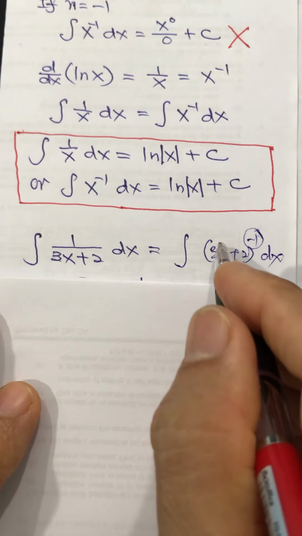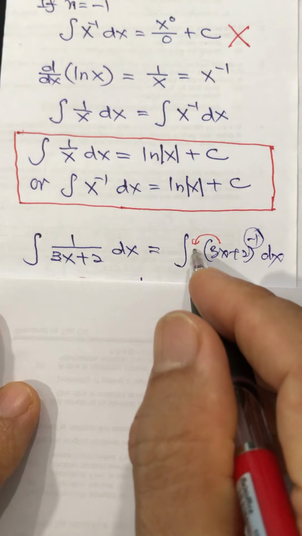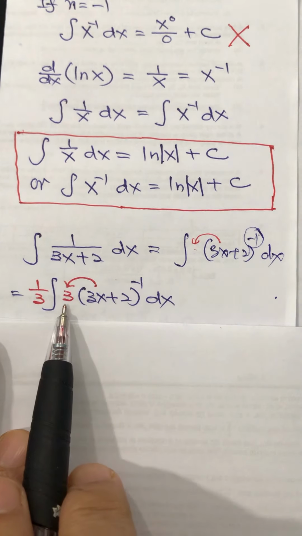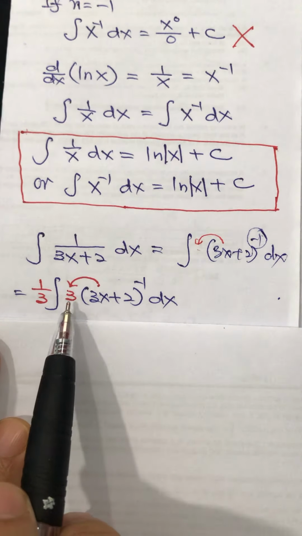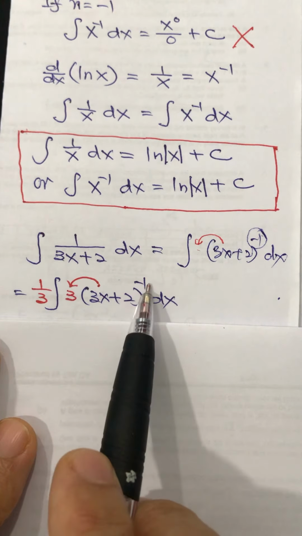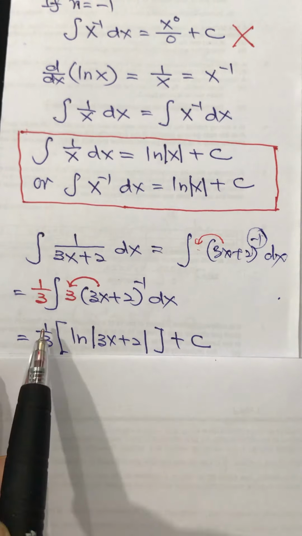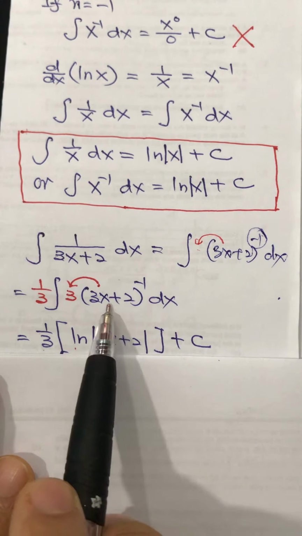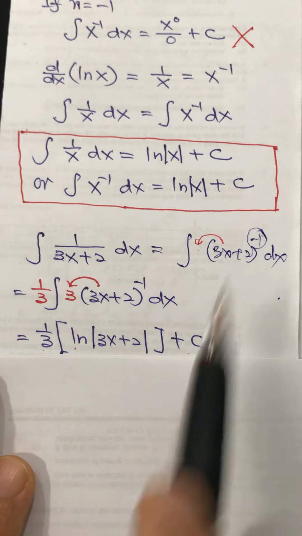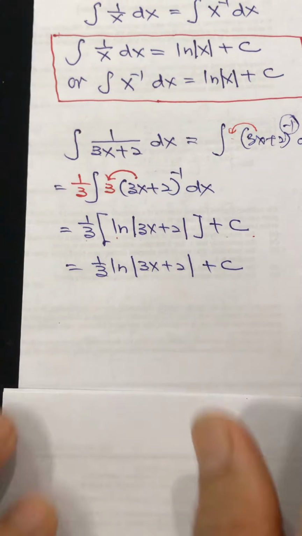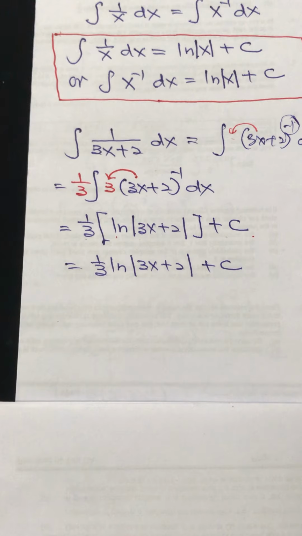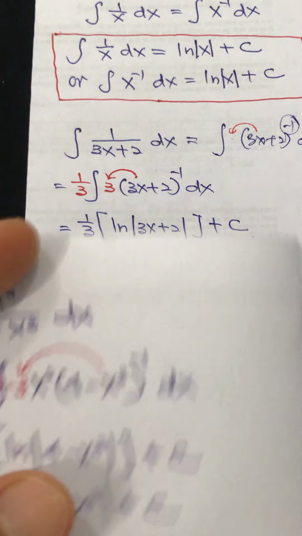So what is missing here? I must have a 3 here. So what I do, I add a 3, I divide by 3. So therefore with the 3, now this negative 1 can be changed to ln. That's why I get 1 over 3 ln modulus 3x plus 2, plus c. So that's how we integrate. So I can write it like this. Furthermore, we have some more examples here.